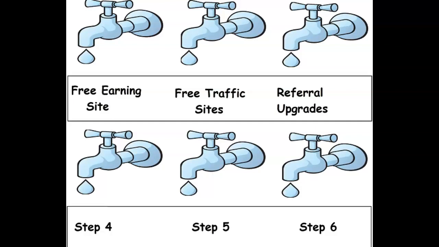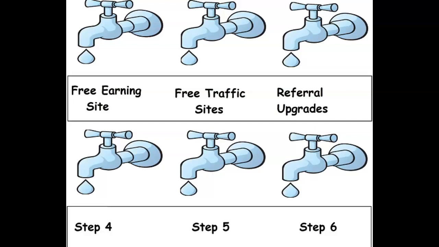Step number 4, I'm going to explain exactly what that is. It's all about using some of the funds that you have earned from steps number 1, 2 and 3, and you can use some of those funds to upgrade the free traffic sites. So you start to move into paid advertising, and the paid advertising then means that it's going to start automation of the system.